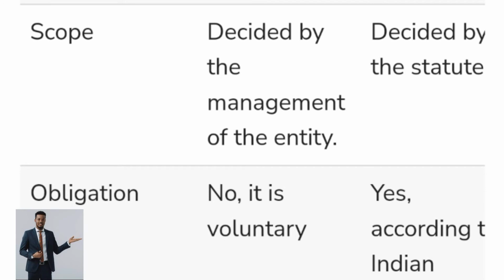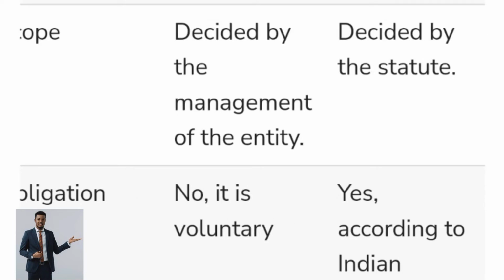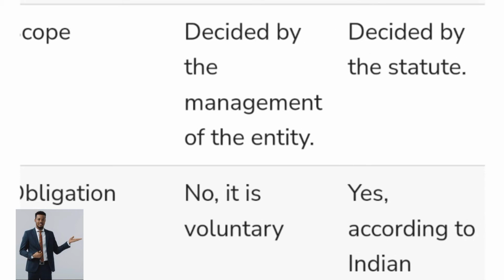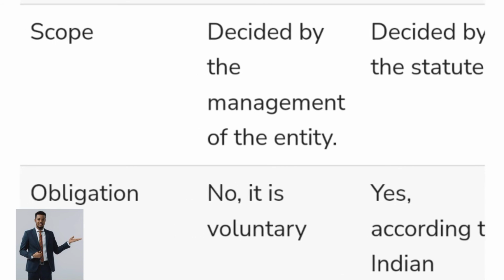Scope: the scope of the internal auditor is decided by the management of the company, whereas the external auditor's scope is decided by statute. This is a statutory audit, therefore the scope will be decided by the statute.